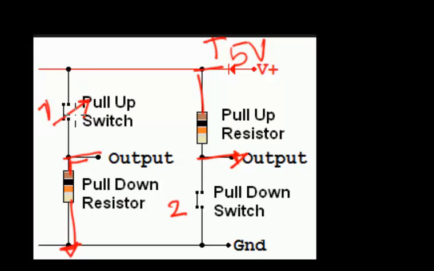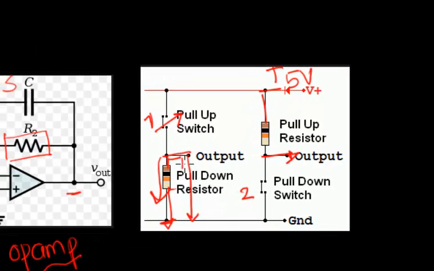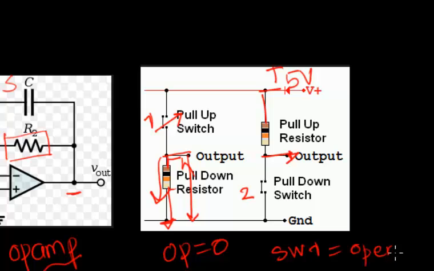But what about when this is open? When this switch is open, there is no path for the output to be pulled up, so the resistor will pull the output down. That means the output will be shorted to ground, so the output will be 0 when switch 1 is open. But when switch 1 is closed, the output will be directly pulled up to 5 volts. So in this case, this resistor is called a pull-down resistor, because it's pulling down the output.